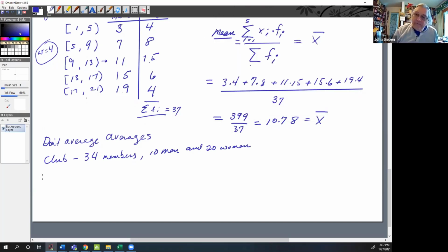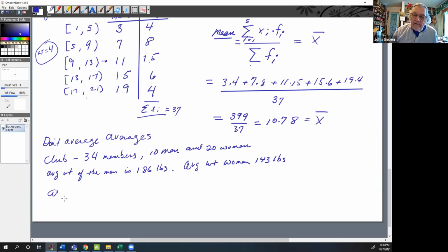And we get out the scale and we see that the average weight of the men is 186 pounds. And the average weight of the women is 143 pounds.